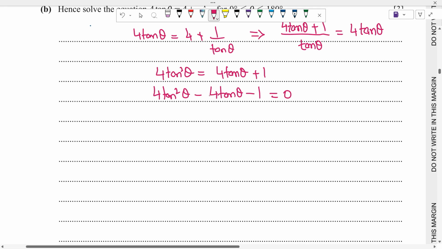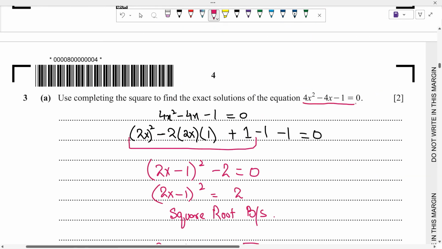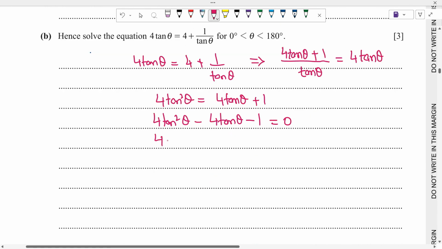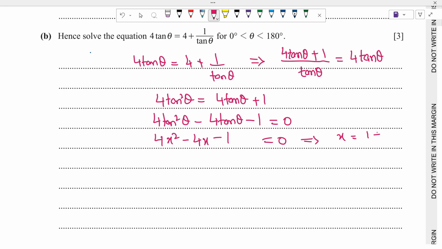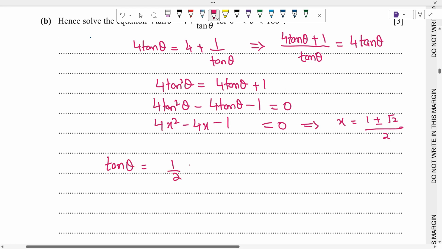So this is the same equation which was given in part A. Comparing with 4x² - 4x - 1 = 0, when we solve this one, we get the solution which was (1 ± √2)/2. When we compare these equations, we will have tan θ = 1/2 ± √2/2.